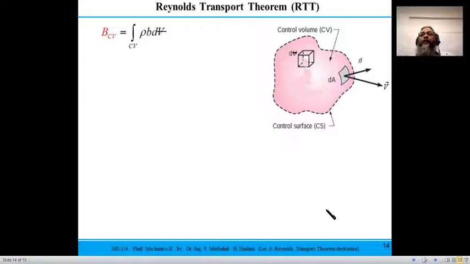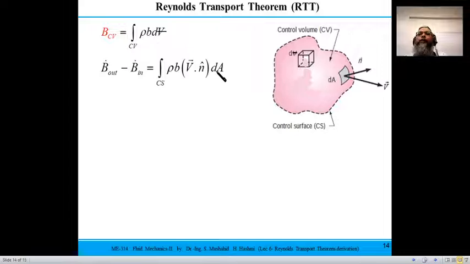You see here this term is control volume, and the B out and B in can be represented by this integral. So at this point, you just think of what is coming in and out is always taking place from the surface, and the differential surface is dA, and you know the surface is always represented by its normal.